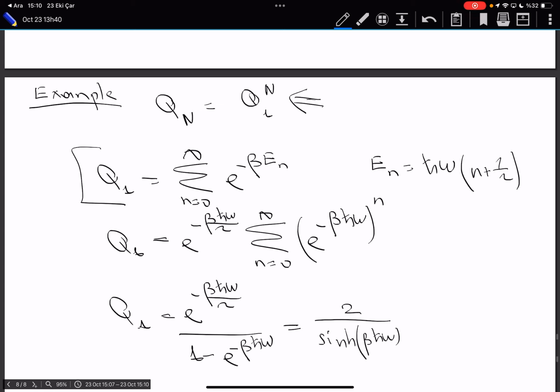When you are looking at harmonic oscillators, you have particles oscillating around a fixed point. In principle, you can have many oscillators oscillating around different points. For example, take a solid. There are many atoms making this up, but every atom is oscillating around its equilibrium point. And so you can distinguish the oscillators from looking at their equilibrium points. So that's why we don't have 1 over n factorial, because they are distinguishable.